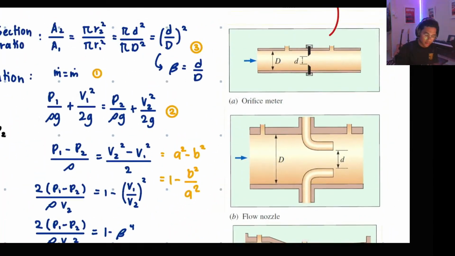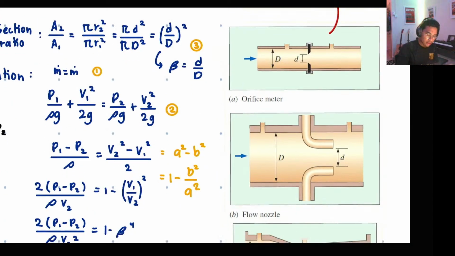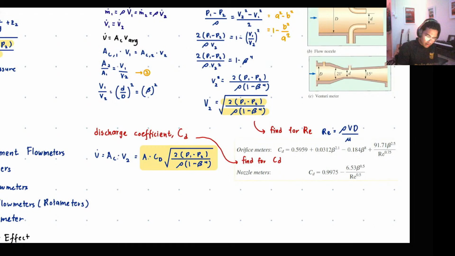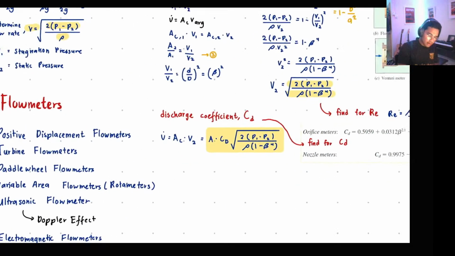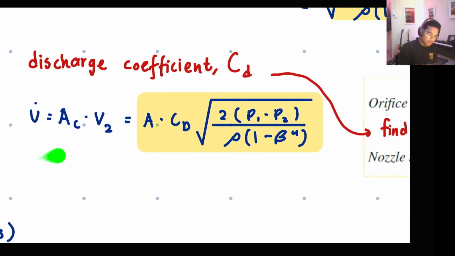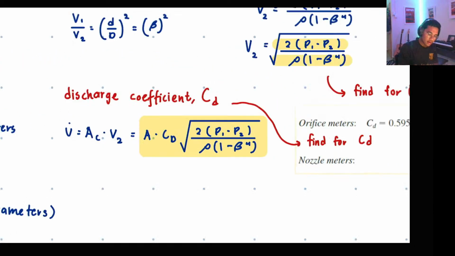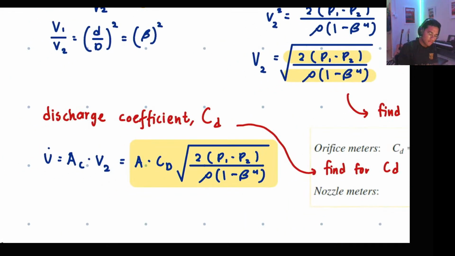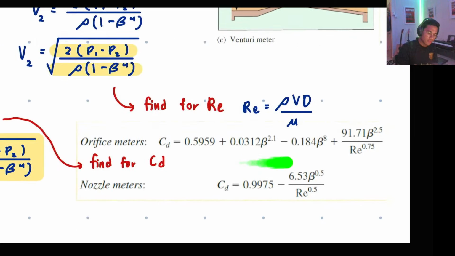These are the shapes of the obstruction: orifice, flow nozzle, and venturi. This is the discharge coefficient, CD. How we find CD is based on the area ratio or the diameter ratio and also the Reynolds number.